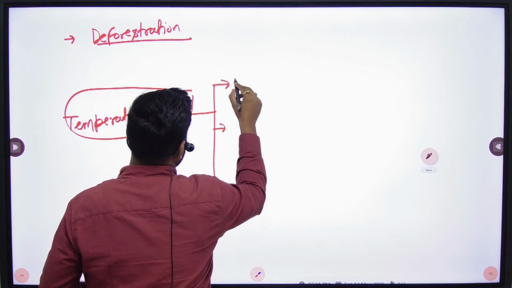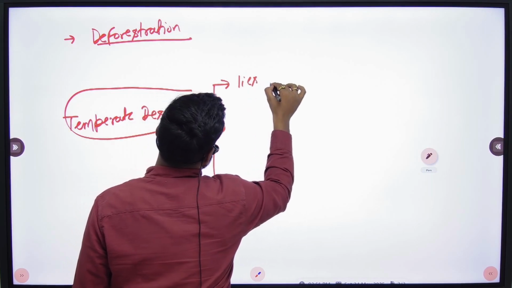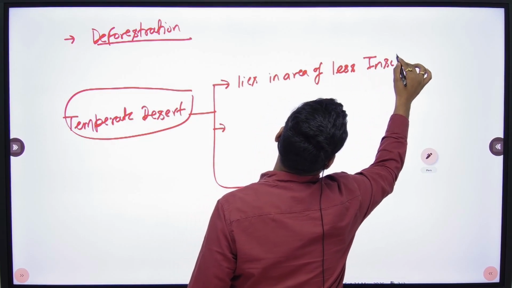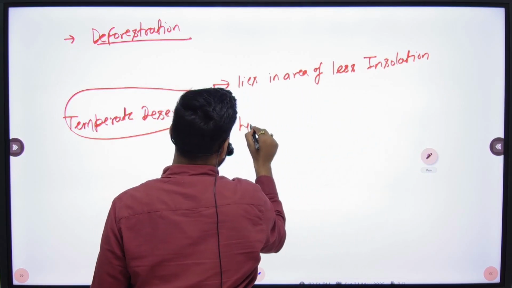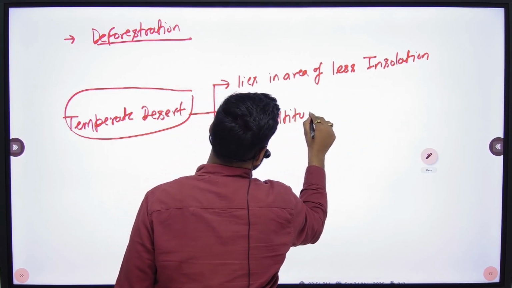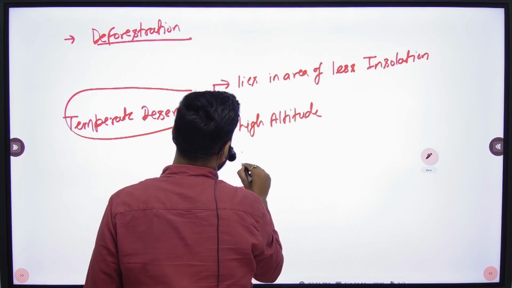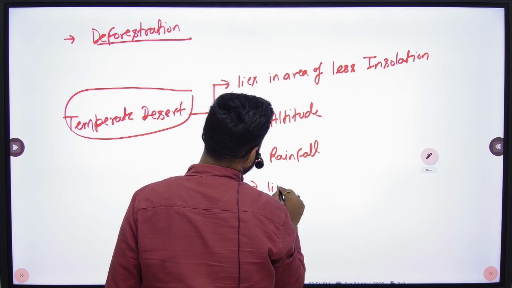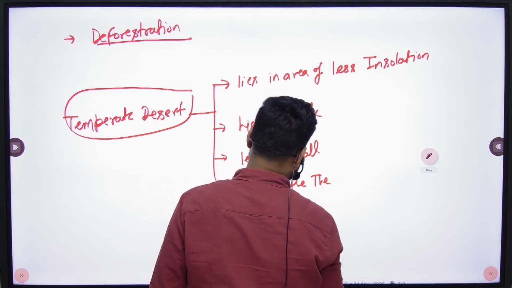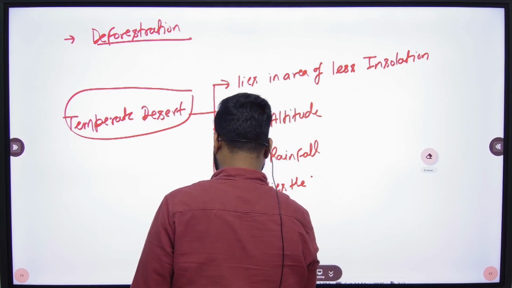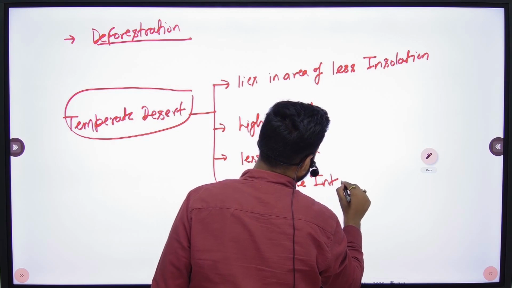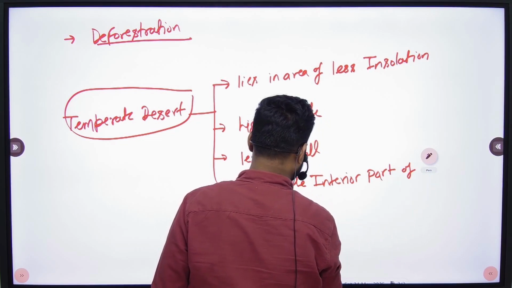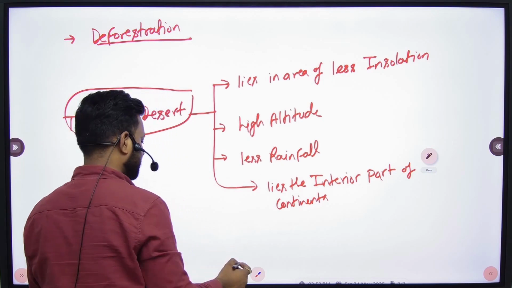The first one is that they lie in the area of less insolation, high altitude, less rainfall, lie in the interior part of the continent, or you can say away from the ocean.